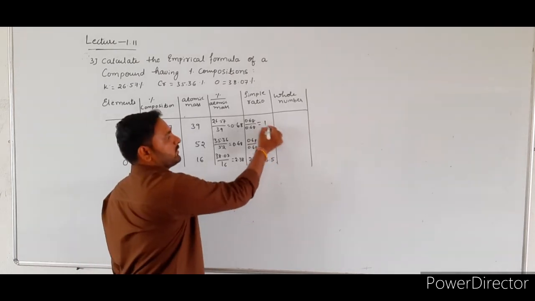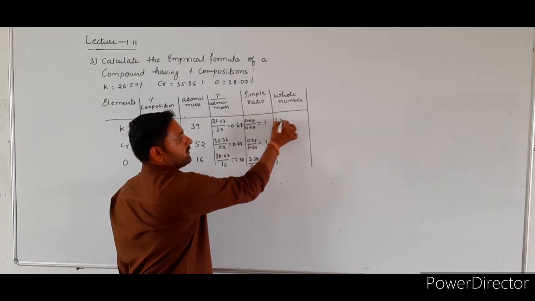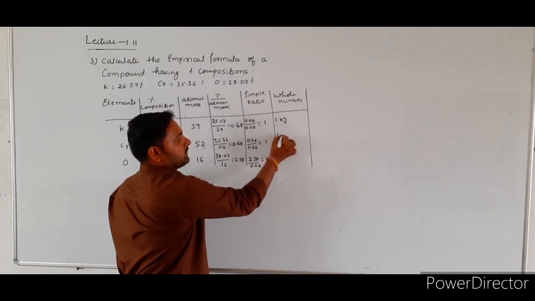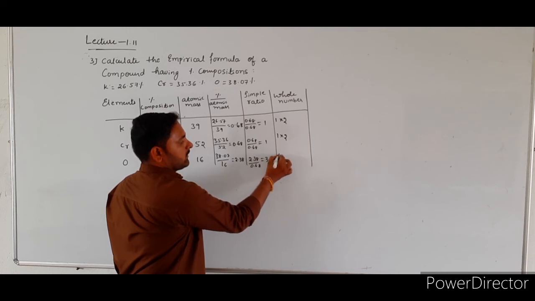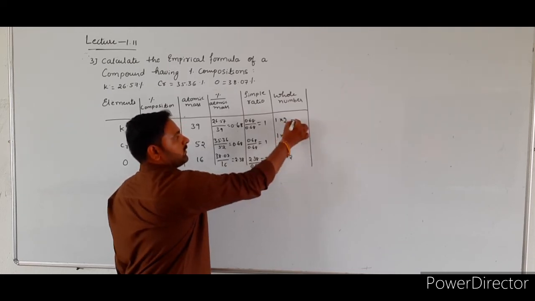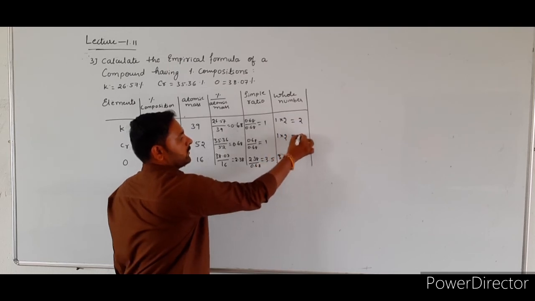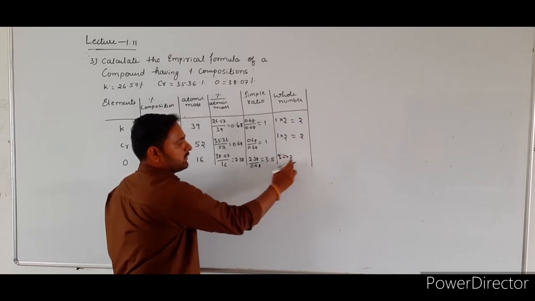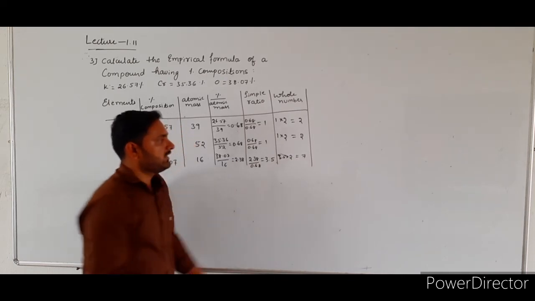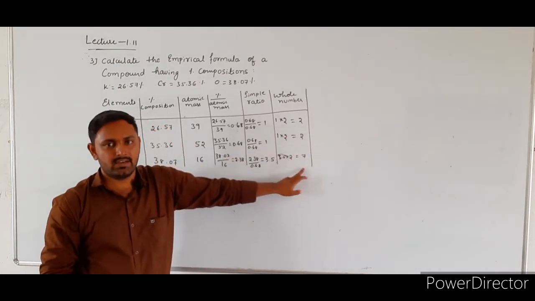So it is better to multiply everything by 2. 1 into 2 is 2, 1 into 2 is 2, and 3.5 into 2 you will get 7. These numbers are whole numbers, right?